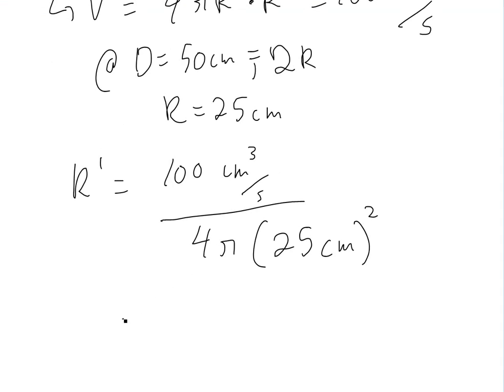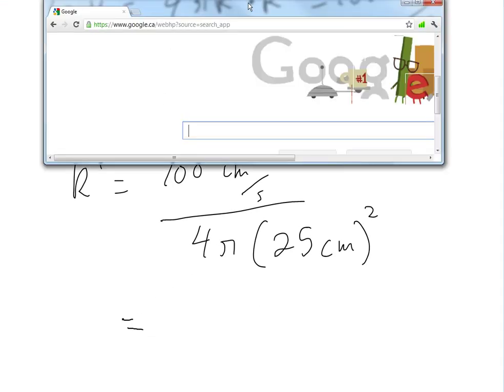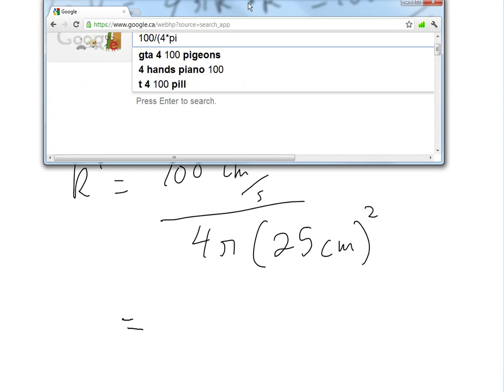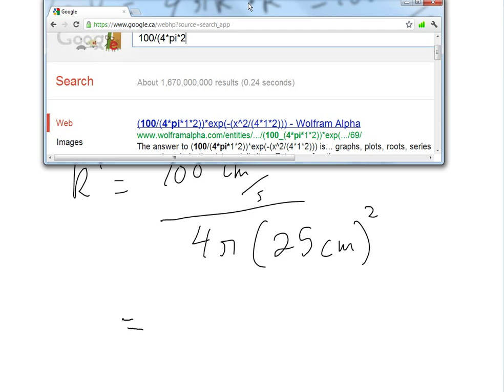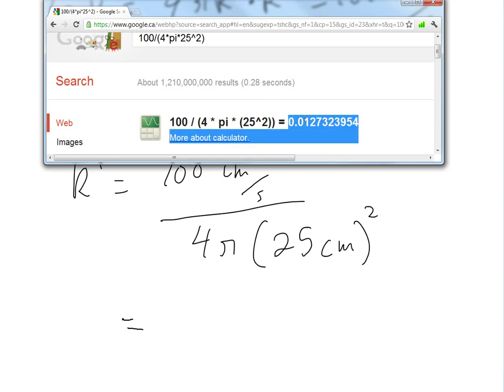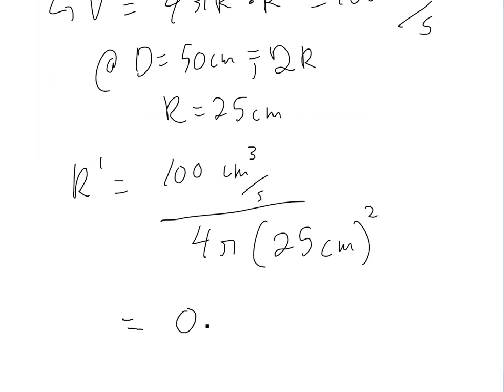And you plug this into a calculator. Okay, so just grab the Google calculator here. Let's go 100 divided by 4 times pi times 25 squared. This equals 0.0127 centimeters per second, and those are the units here.